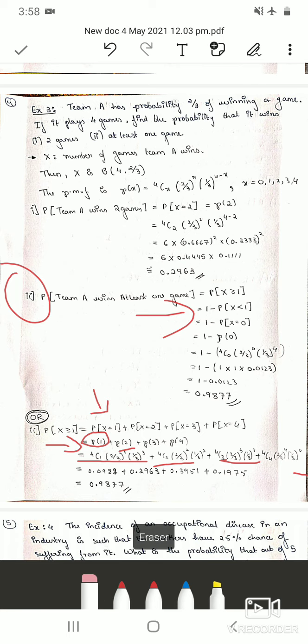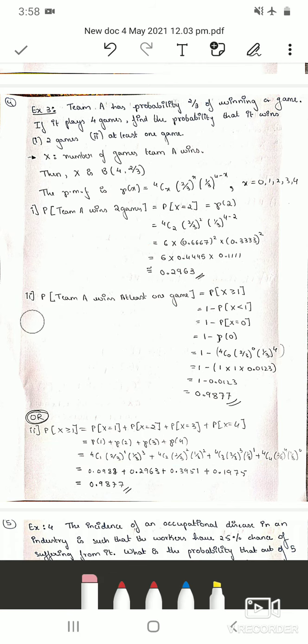Calculate like the usual thing you will do, find out the combination, then multiply the p terms, q terms to its powers, and then you will get the answer when you add all the probabilities. So which is same 0.9877. So you can see just taking complementary, it is easy. We have to calculate only one probability, but whereas here you have to calculate 4 times, substituting x as 1, 2, 3, 4.